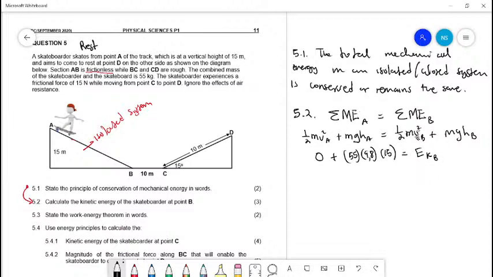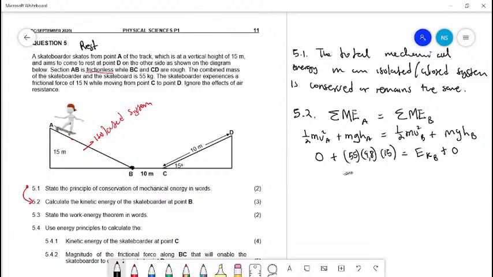So the half mv squared B will be EK at B, and then plus mgh at B. The mgh at B at this point will be 0 because the height is 0. So anything times 0 will give you a 0. So that makes the gravitational potential energy at point B to be 0 in that case.